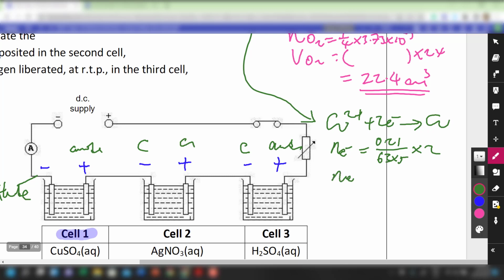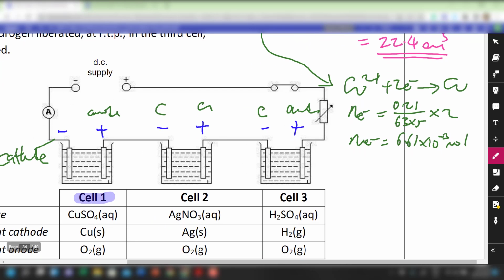If I punch my calculator, I should get 6.61 times 10 to the power minus 3 moles. That will be the first cell.